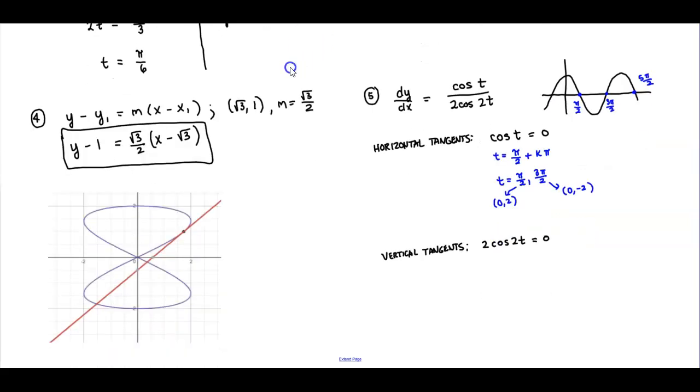Okay, if we divide both sides by 2, we get the cosine of 2t equals 0. Okay, and then 2t is going to equal the cosine inverse of 0, which is pi over 2 plus k pi.